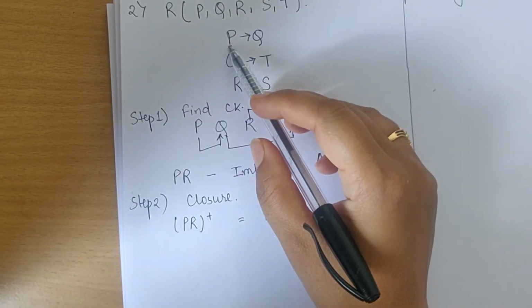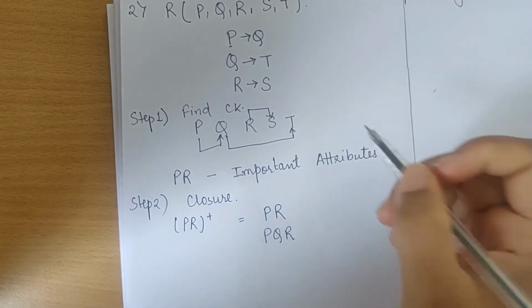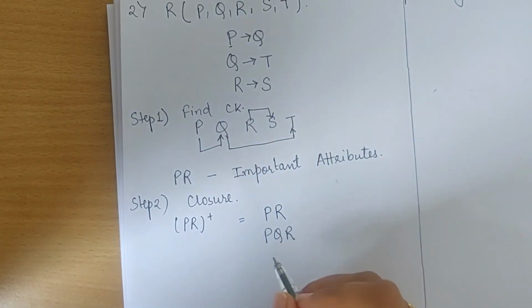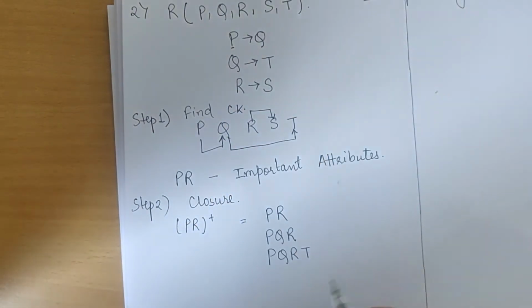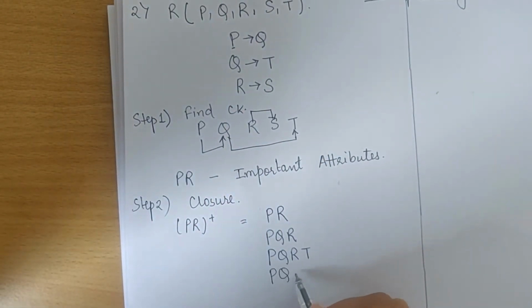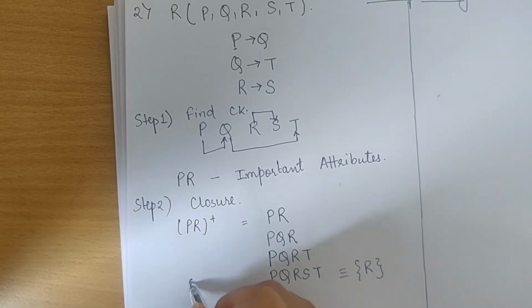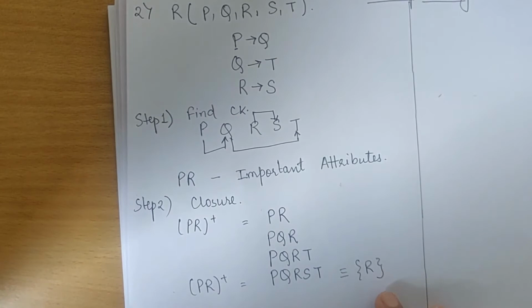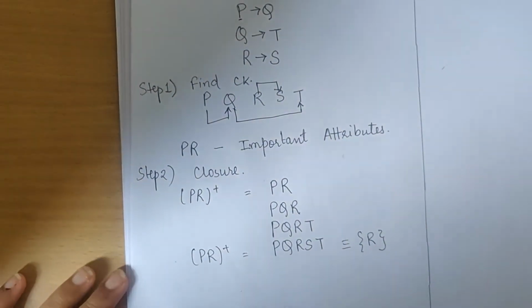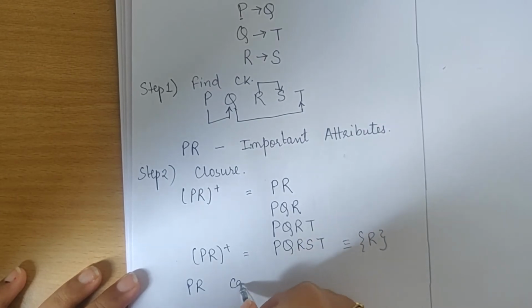So P determines Q, so I will write PQR. Q determines T, so PQRT. R determines S, so PQRST. That is my entire relation R. That means the closure of PR is giving me the entire relation R. That means PR is my candidate key.